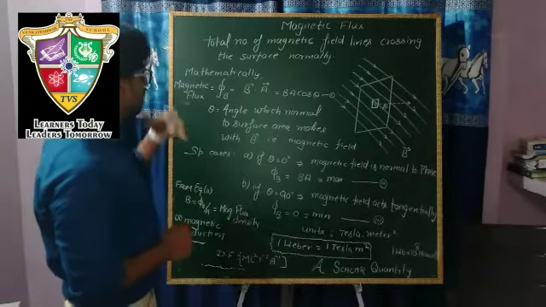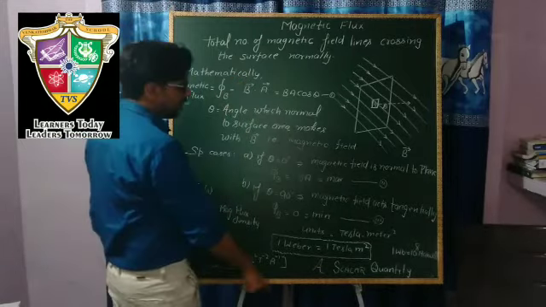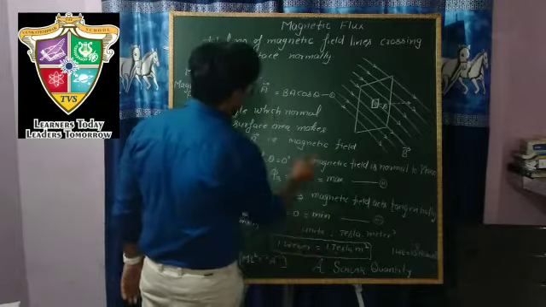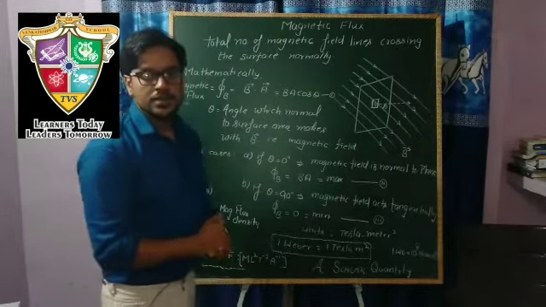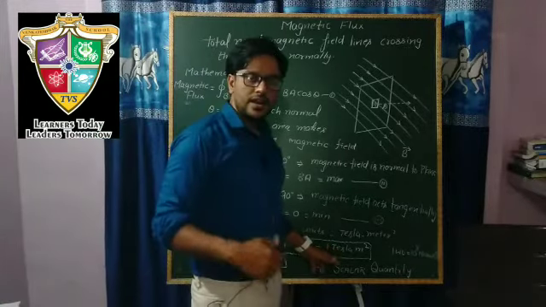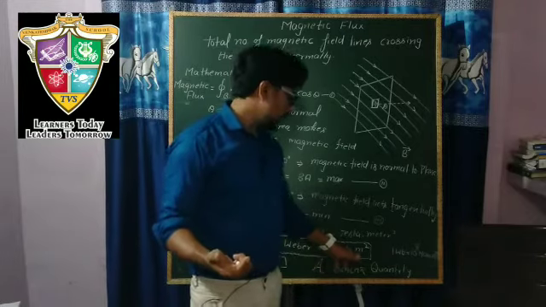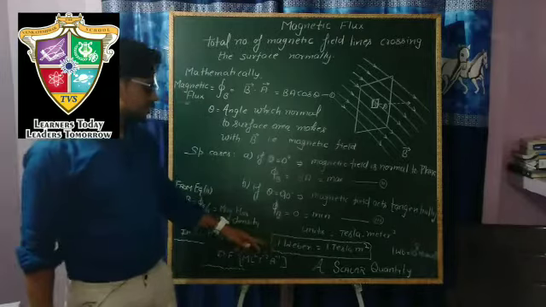And if we talk about the units of magnetic flux, we know magnetic field is measured in Tesla and area is measured in meter square. So its unit is Tesla meter square. If 1 Tesla is the magnetic field and the area is 1 meter square, then the SI unit of magnetic flux is Weber.